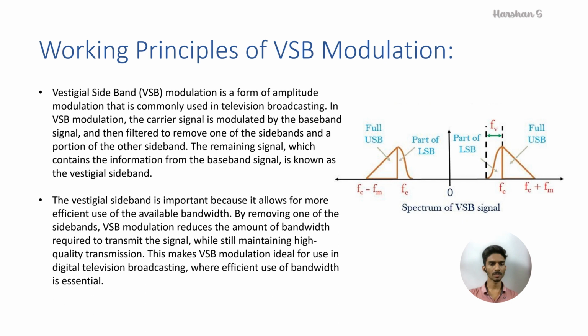The vestigial sideband is important because it allows for more efficient use of available bandwidth. By removing one of the sidebands, VSB modulation reduces the amount of bandwidth required to transmit the signal while still maintaining high quality transmission. This makes VSB modulation ideal for use in digital television broadcasting where efficient use of bandwidth is essential.